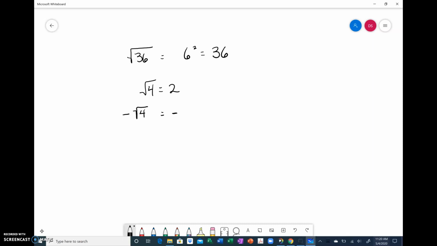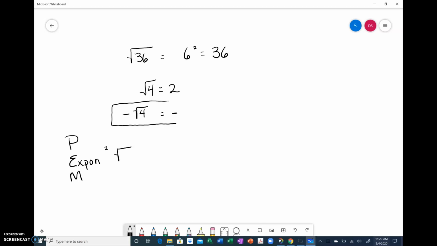So, let me see if I can explain this. Evaluating this requires you to remember the order of operations. Okay? P being parentheses, E being exponents, okay? And an exponent might be a 2, a square, okay?